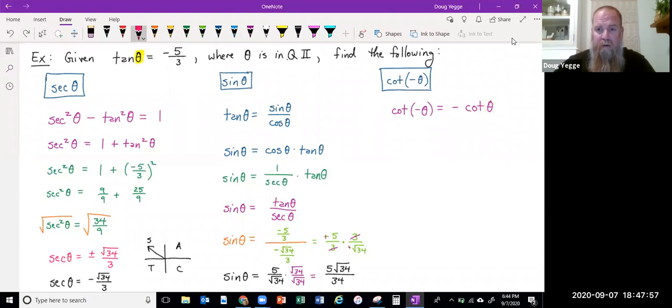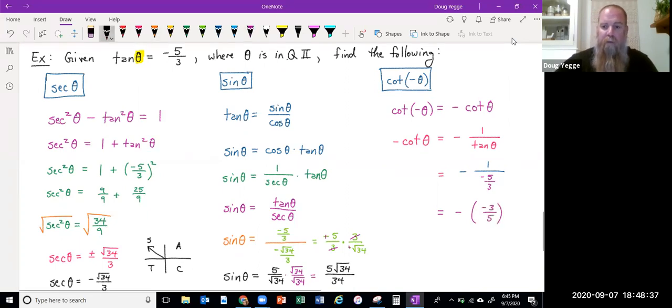So that must mean that negative cotangent of theta is the same as the negative of 1 over tangent theta. And so we could replace this now by saying the negative of 1 over tangent of theta, which is negative 5/3. Which, if I multiply by the reciprocal, that obviously becomes 3/5, or the negative of negative 3/5. And therefore, my final result is 3/5.